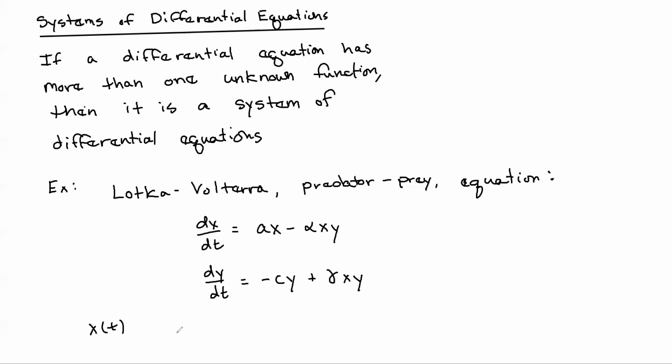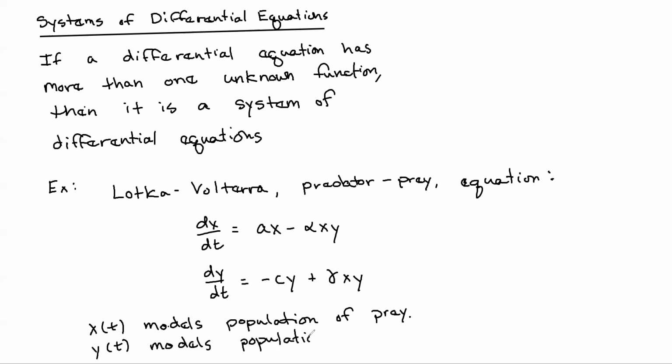So x of t models the population of the prey, and y of t models the population of the predators. And we will solve systems of differential equations at the end of this semester.